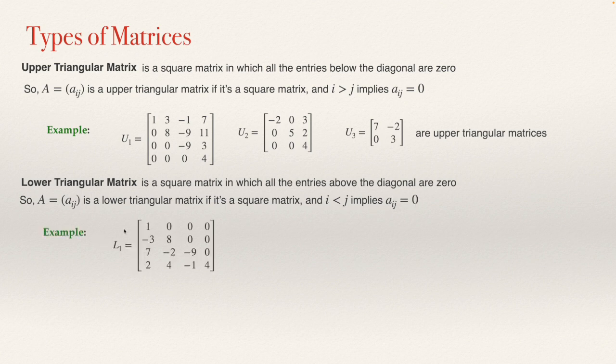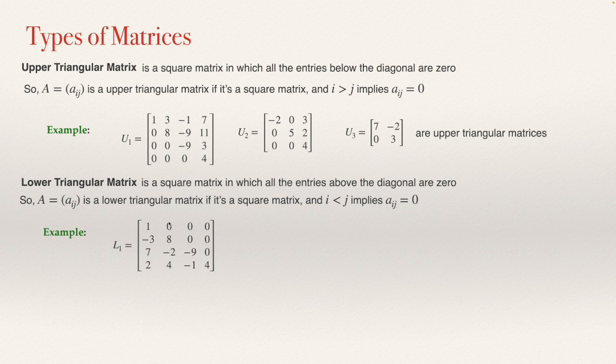For example, this will be a lower triangular matrix. Look at that, this number is in the first row, but it's in the second column. So 1 is lower than 2. So the number corresponding to the row is lower than the number of the column. This entry needs to be 0.